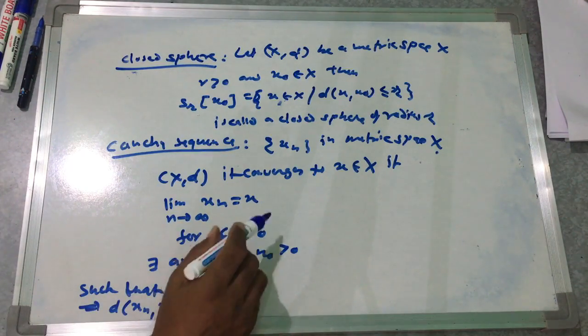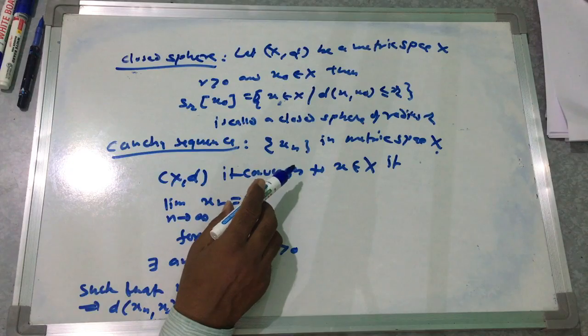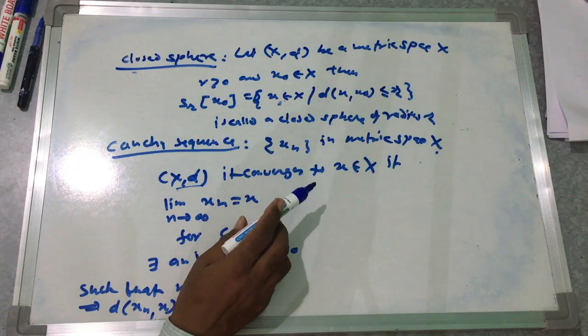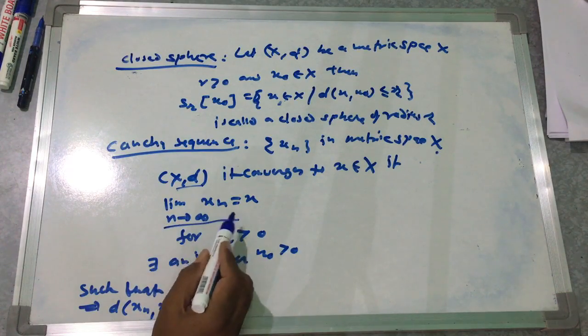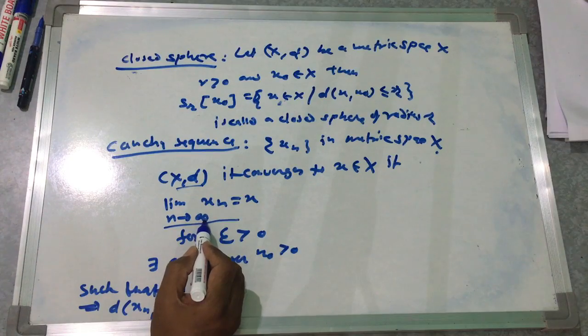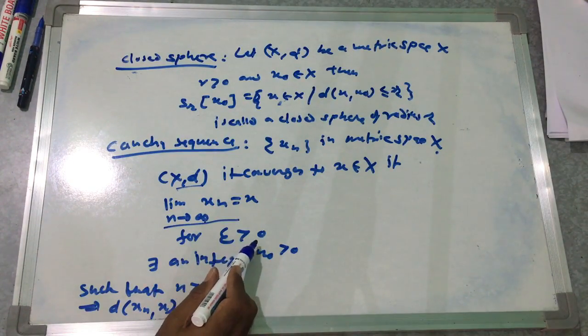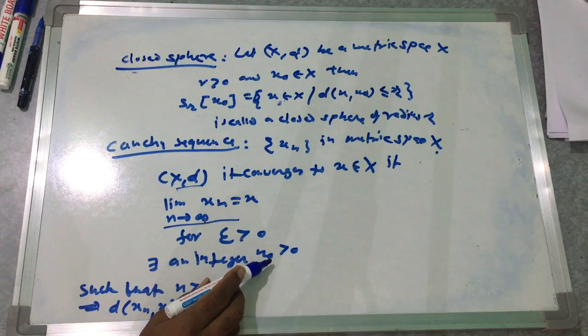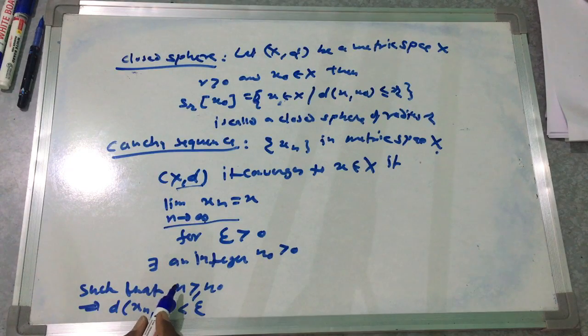It means we have given xn in a metric space, so it converges to x belonging to X, then the limit as n tends to infinity, for epsilon greater than 0, there is an integer n0, such that for n greater than or equal to n0, the distance between xn and x is less than epsilon.